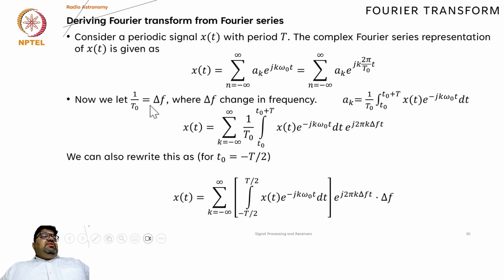Now let 1 over T_0 be delta f, where delta f is the change of frequency. Then we can define a_k, the Fourier coefficients, in terms of the integral as we did before. If you substitute the value of a_k in the original definition of x(t), you get the following expression.